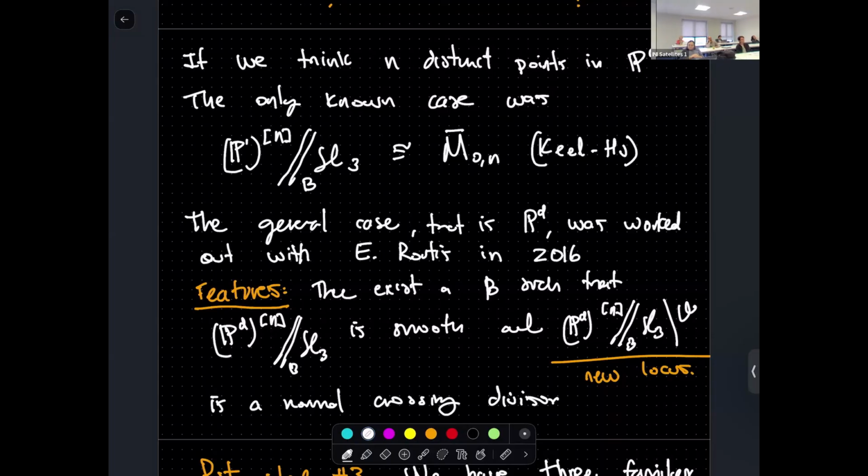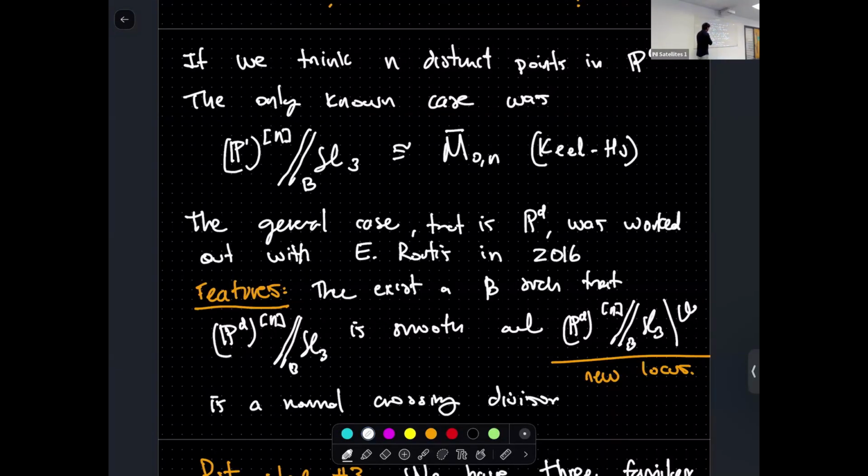And then I'm willing to break the projective space. So maybe work with non-reduced, and you can do that. That was the only case known before we started looking into this, Kiem and Hu. They show the one-dimensional case, a very famous space in algebraic geometry, the moduli of points in P1.